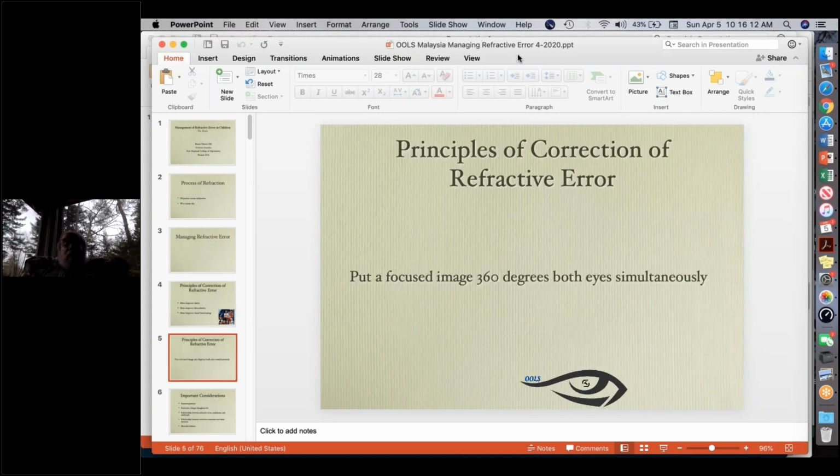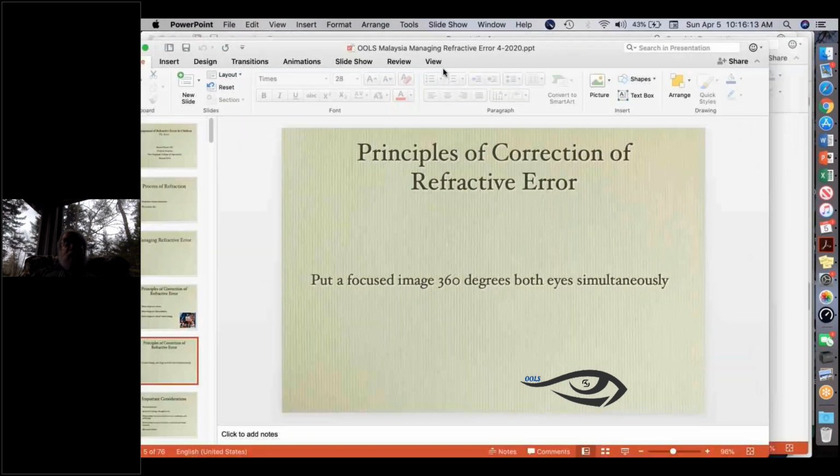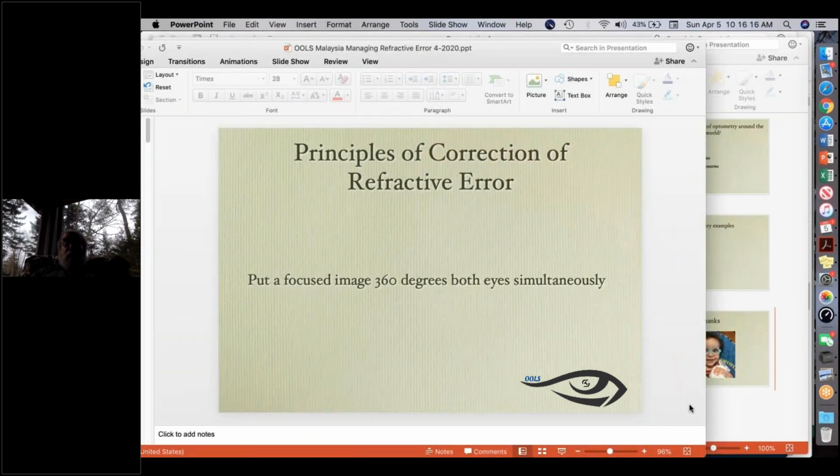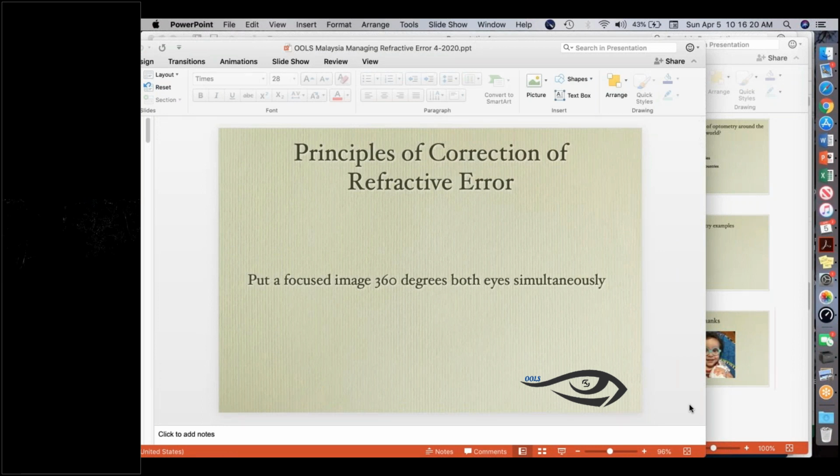The next thing, and this is about as basic as anything can be in my perception. The basic principle of correcting refractive error is really very, very simple. The purpose of it is to put a focused image 360 degrees on both eyes simultaneously.